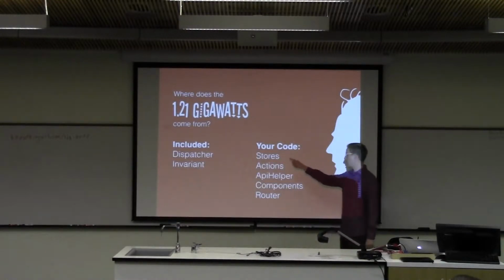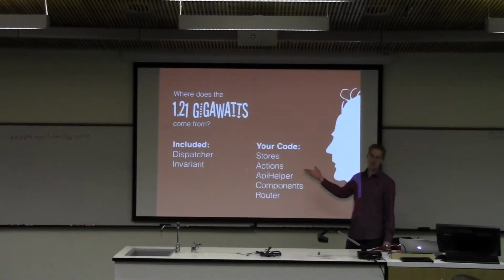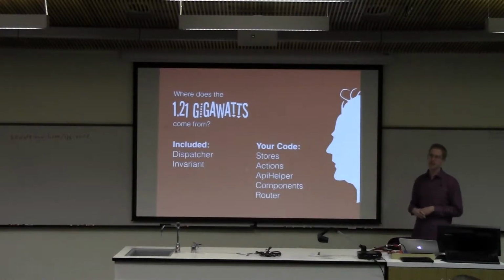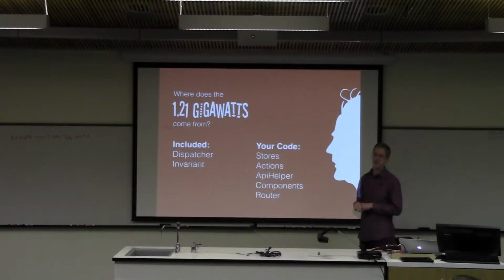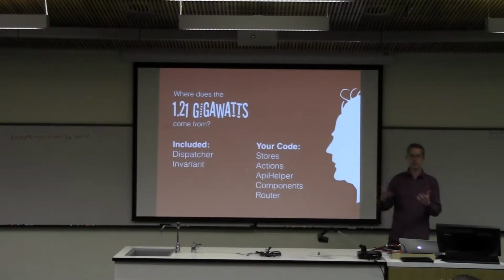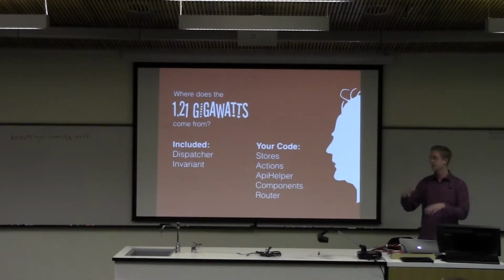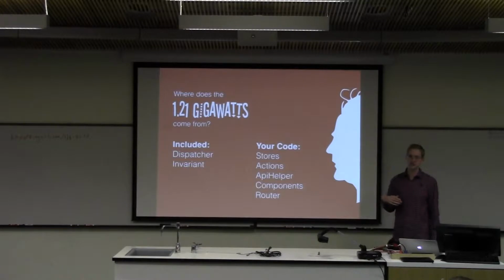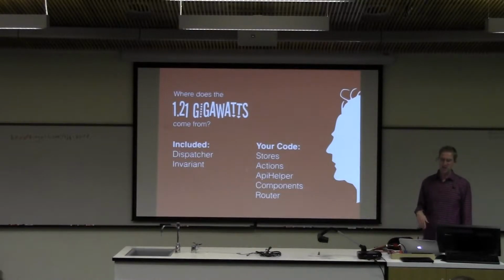There's really not much there. So what you do is just follow the pattern, the recommendation on how we write a Flux application. It's not a lot of code. It's not like saying, here is a framework like Ember, for instance, and giving that to you as an all-in-one package. It's an idea of here's how you write your code.